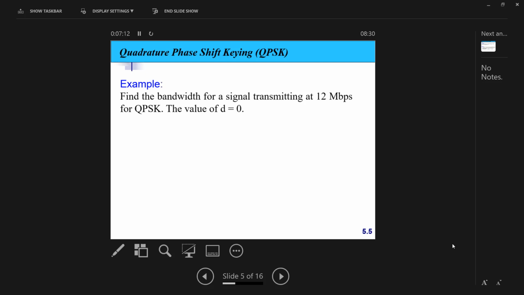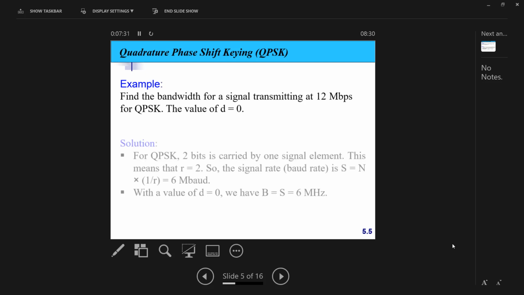Take care, if it's QPSK, in this case S will be N over r, not N directly.